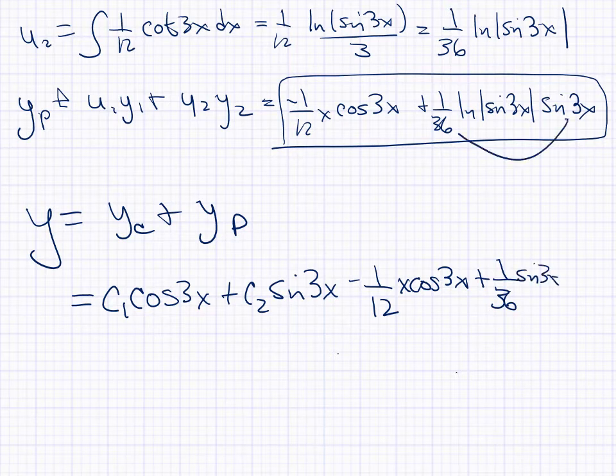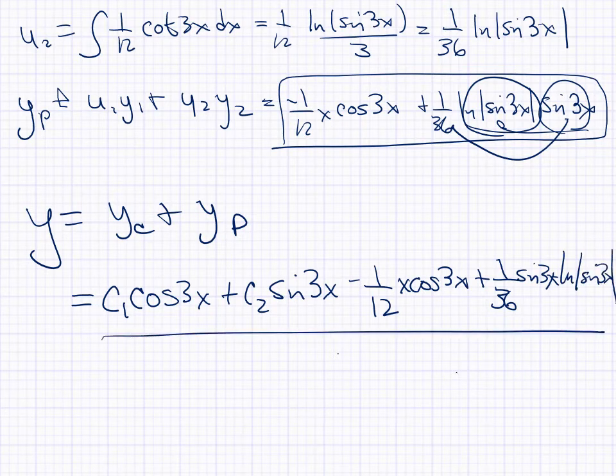I like to put this up in the front here so it doesn't get embedded inside this log, because this is separate from this. So then we get log of the sine of 3x. Okay? And that whole thing is the solution to the original differential equation. But this one had to have been done by variation of parameters. Really didn't have a choice. Undetermined coefficients was not an option for this example.